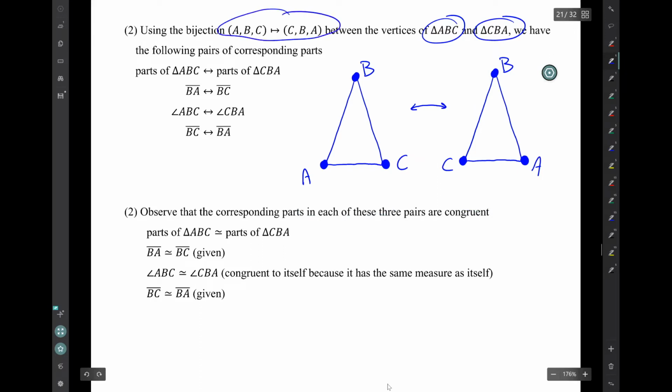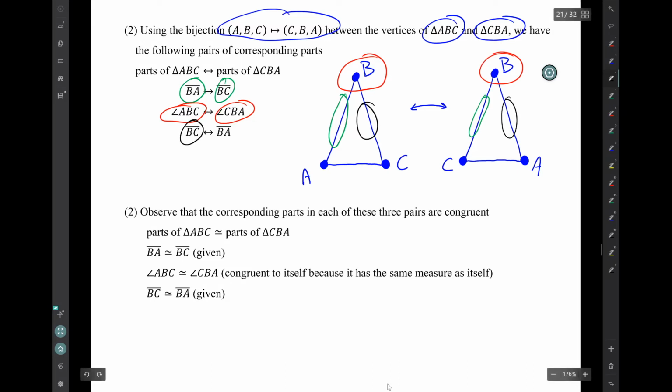Using this correspondence of vertices, we get these corresponding pairs of parts. Side BA of the left triangle corresponds to side BC of the other triangle. And angle ABC of the triangle on the left corresponds to angle CBA of the triangle on the right. And then lastly, side BC of the triangle on the left corresponds to side BA of the triangle on the right.